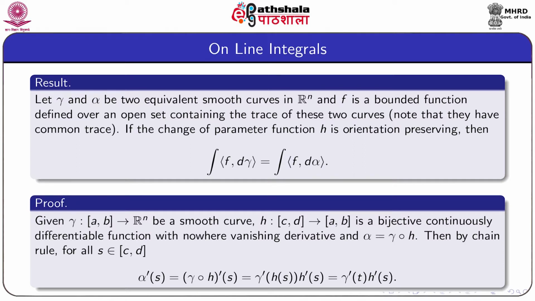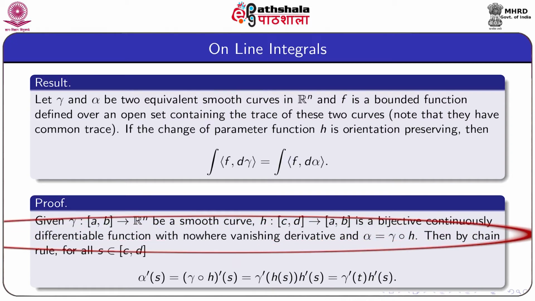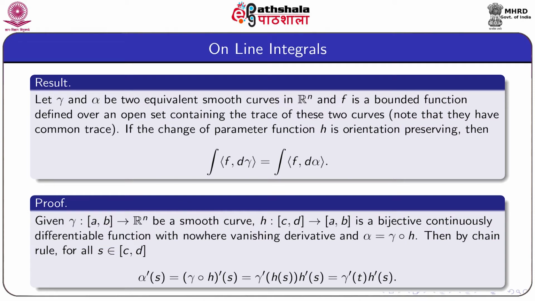Given gamma from [a,b] to Rn a smooth curve and h from [c,d] to [a,b] a bijective continuously differentiable function with nowhere vanishing derivative, and alpha equal to gamma compose h.